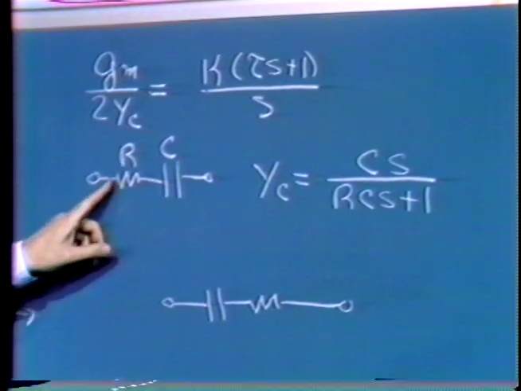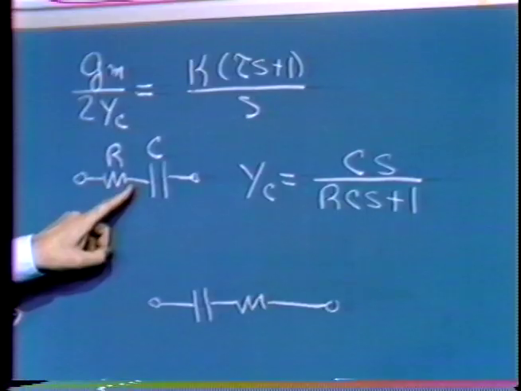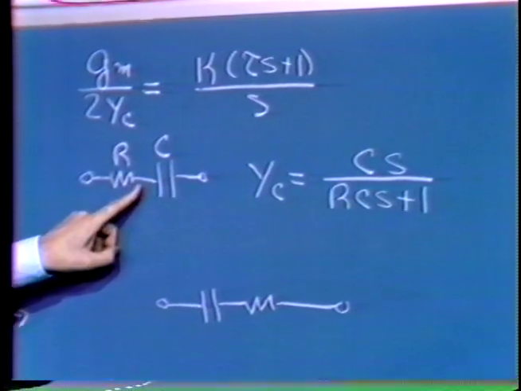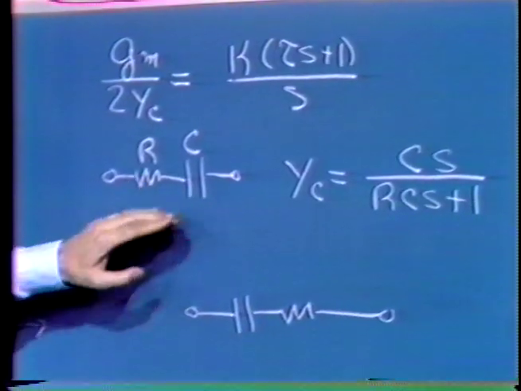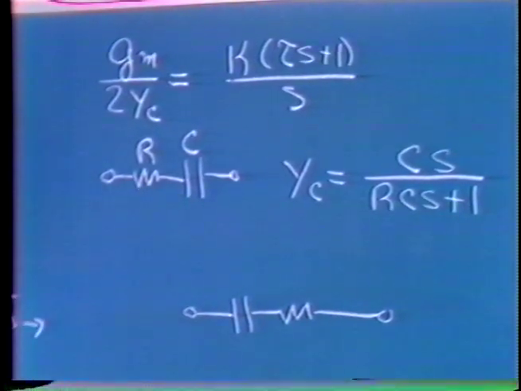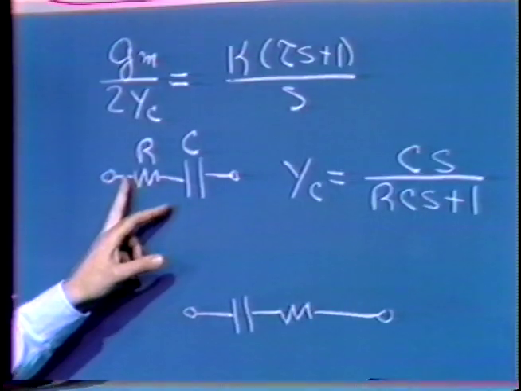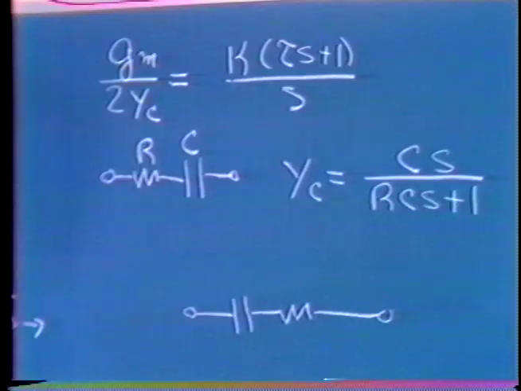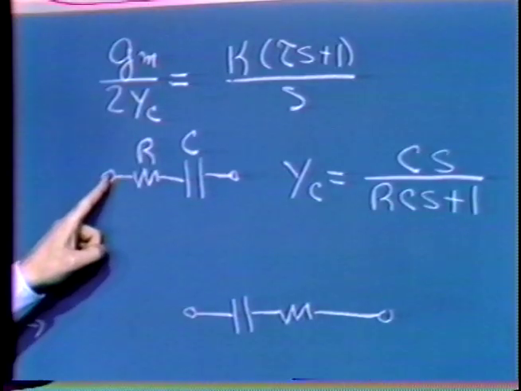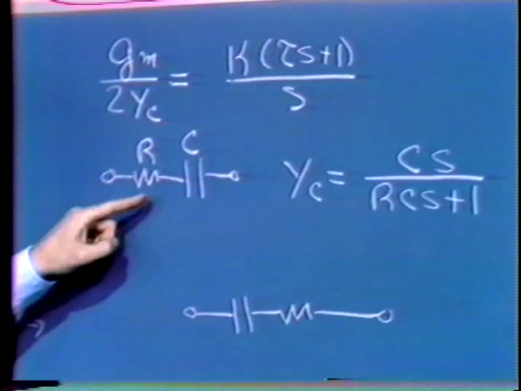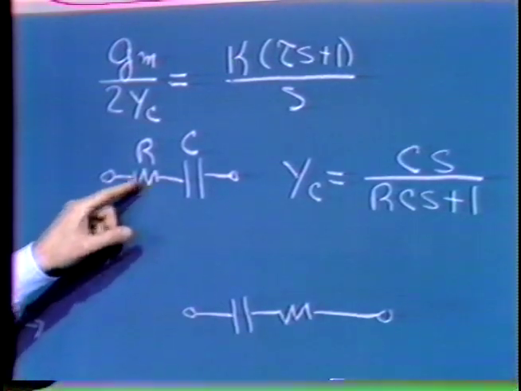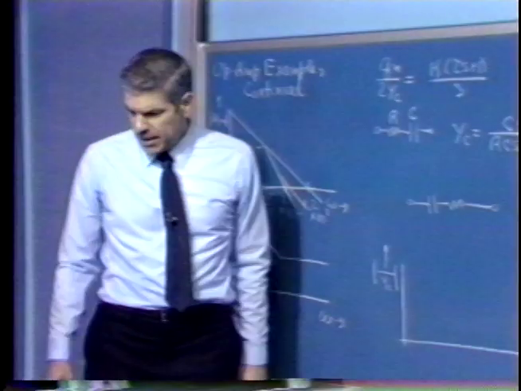In contrast to either of the 2 other kinds of compensating networks we've looked at, either the single capacitor or the T network that had 2 capacitors across the top of the T, both of those networks look capacitive at high frequencies. This one looks resistive between the terminals. In other words, when we use this for compensation around the second stage, that local feedback path, the minor loop feedback path, looks resistive at high frequencies. And let's see what that does.